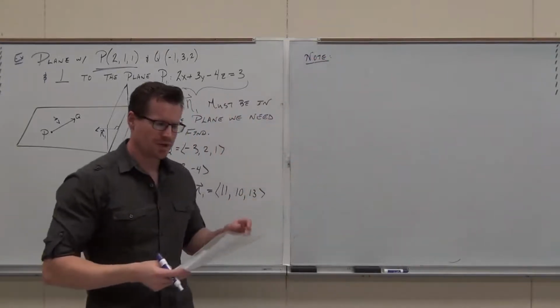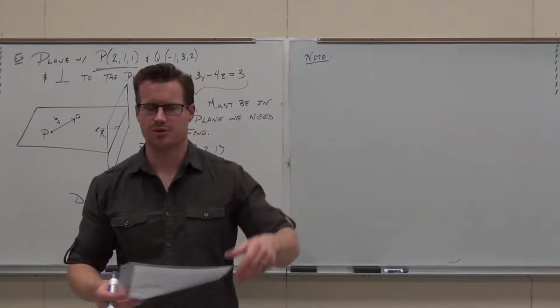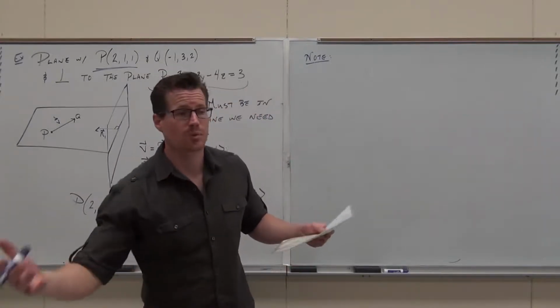So number one, two planes are parallel if their normals are parallel. Two planes are perpendicular if their normals are perpendicular.